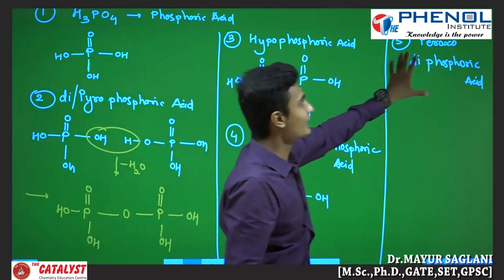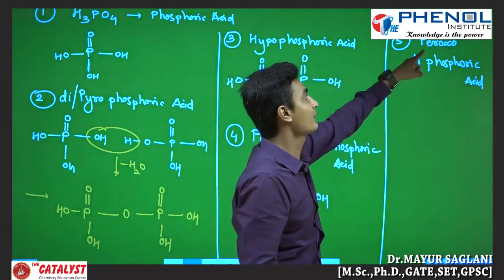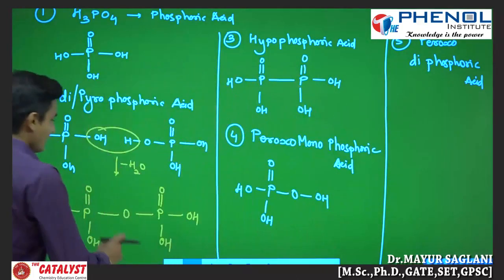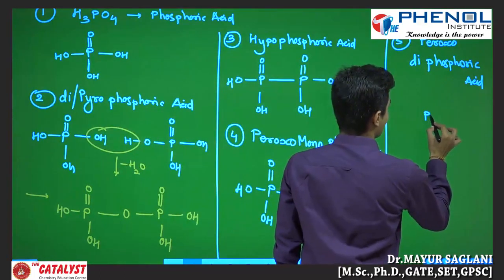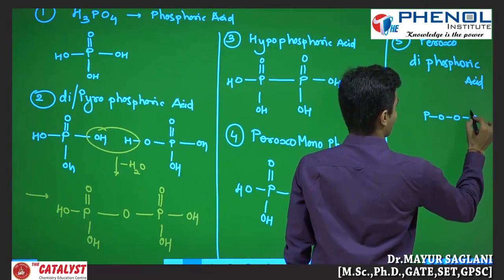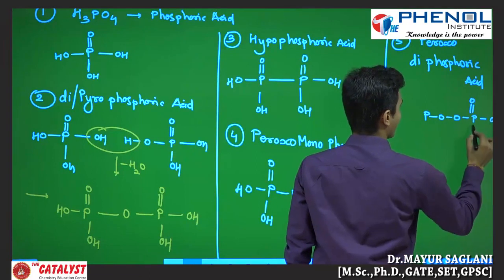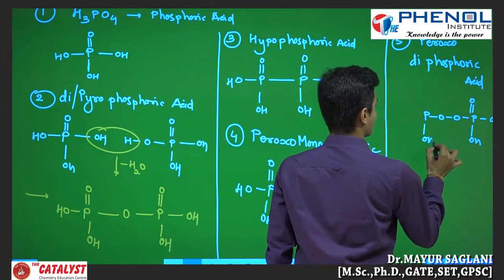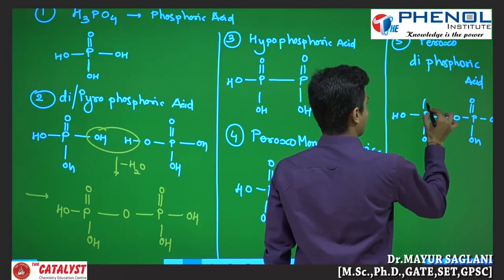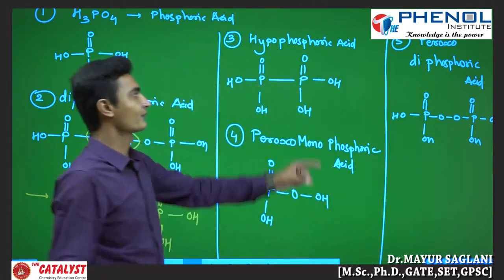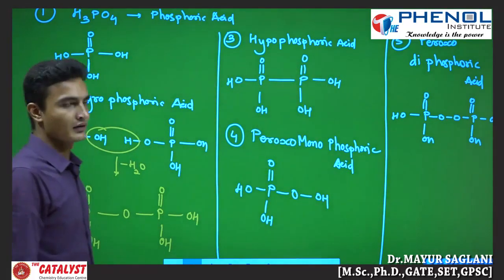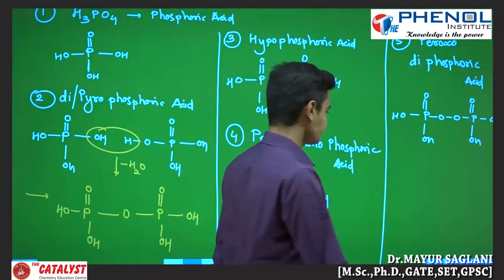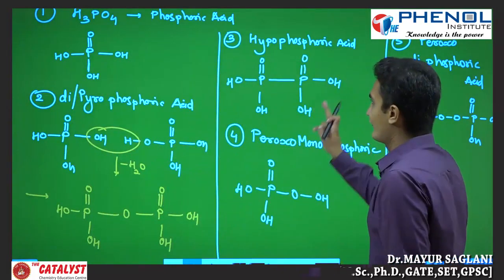But here I have written diphosphoric acid with one peroxy linkage. So here instead of one oxygen, I will write two oxygen atoms. You see, P, O, O and P, and other things are the same. Double bond O, OH, OH, and on the other phosphorus there are two OH and one double bond O. So this one is the peroxo diphosphoric acid. Easy or not? Fine. These are the 5 acids.